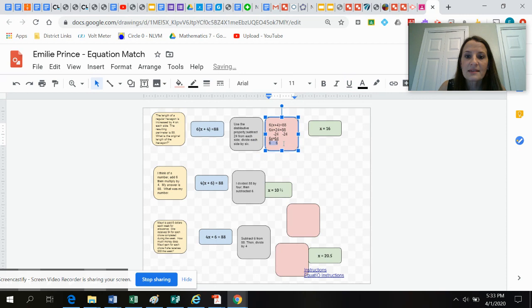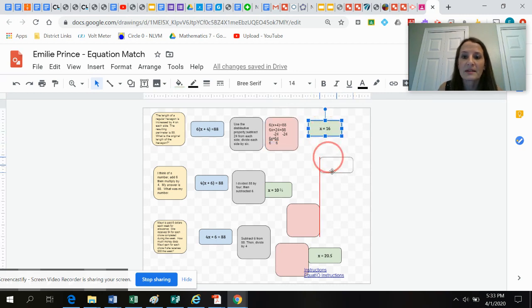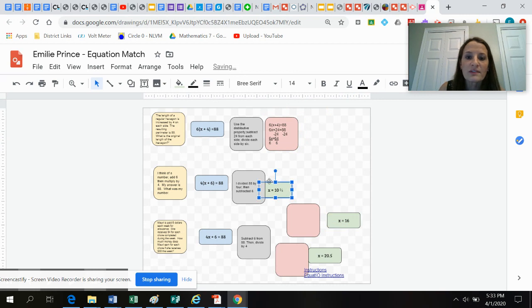So 6x divided by 6 is x, and 64 divided by 6, I could reduce by 2. That would give me 32 over 3. And 32 over 3, doing the math in my head, would be equal to 10 2/3 as a mixed number. So that's what the red square was for. A lot of you need to go back and fix your red square.